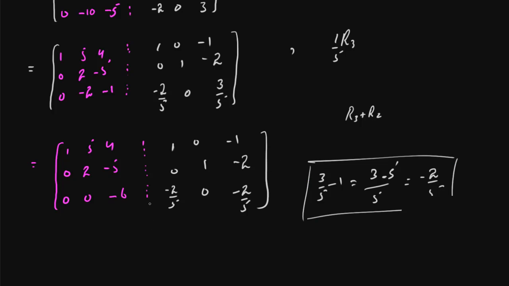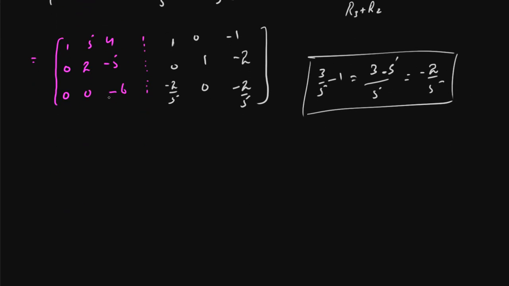Okay, now next we will take -6 common from here, or we will divide row 3 by -6, because we are going to convert that to 1, and that also will convert to 1.